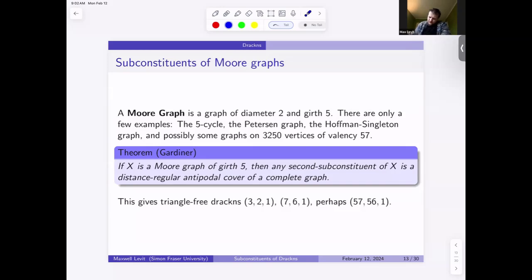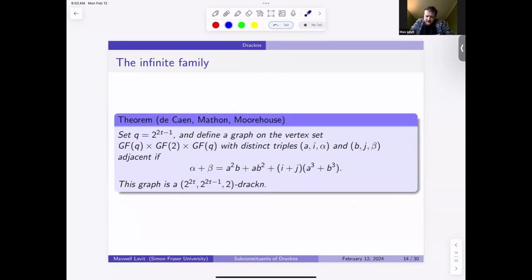Okay, so that's the very specific examples, and then there's this infinite family. I don't want to spend too much time on this construction, but I'll just mention it so you know what we're talking about. The way you can build this infinite family was done by Ken Morehouse, I think in 1995.